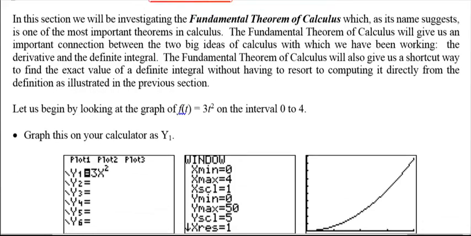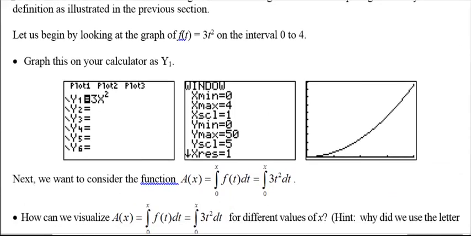Okay, so to start, let's look at this graph of f of t equals 3t squared, on the interval 0 to 4. That's an increasing function on that interval. It increases from t equals 0, where f is 0, to t equals 4, and 4 squared is 16, times 3, that's about 48.